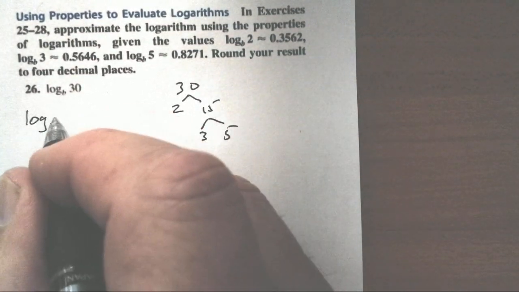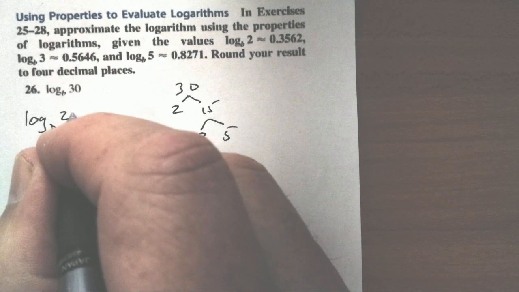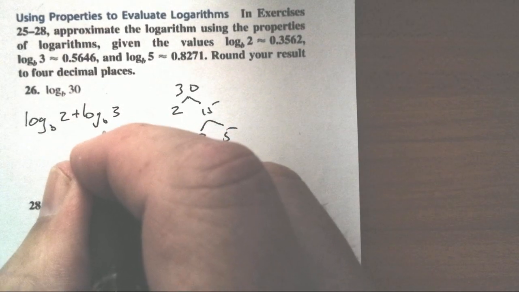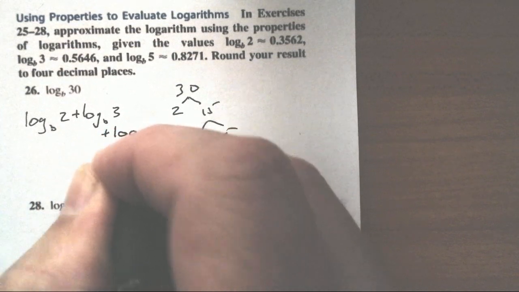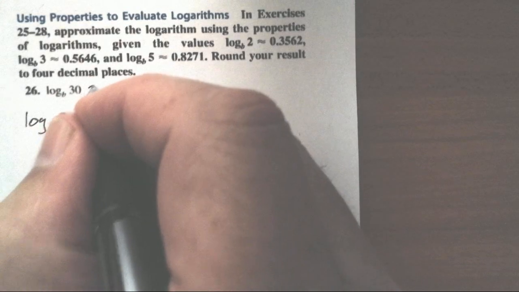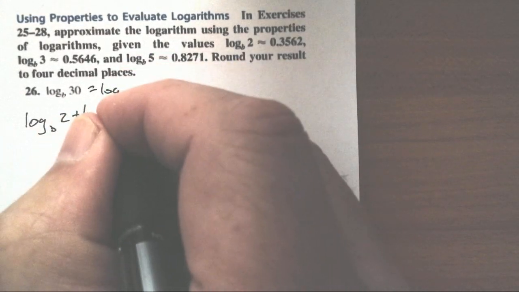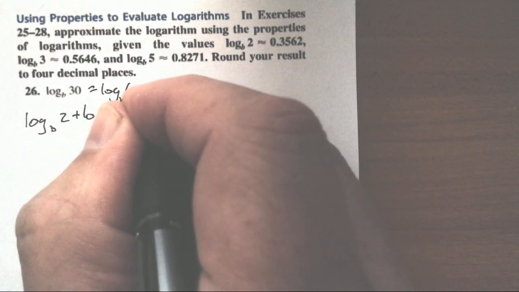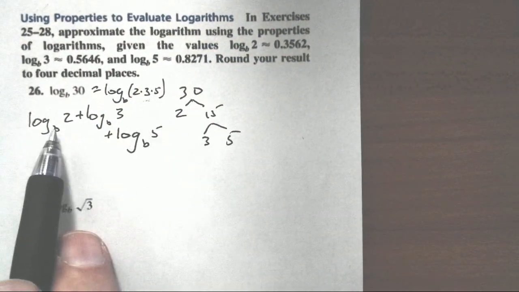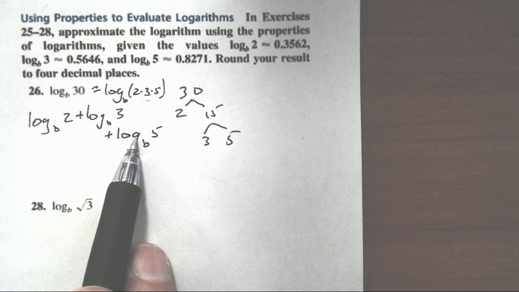So this could be written as log base b of 2 plus log base b of 3 plus log base b of 5, when I make this intermediate step here. Log base b of 2 times 3 times 5, I can use rule 1 to separate those all into addition.